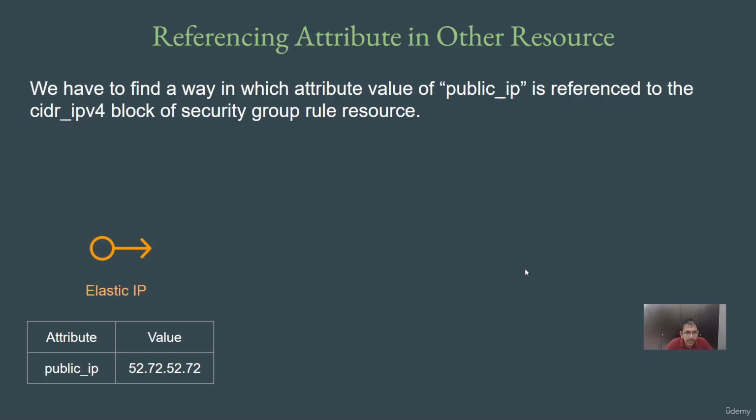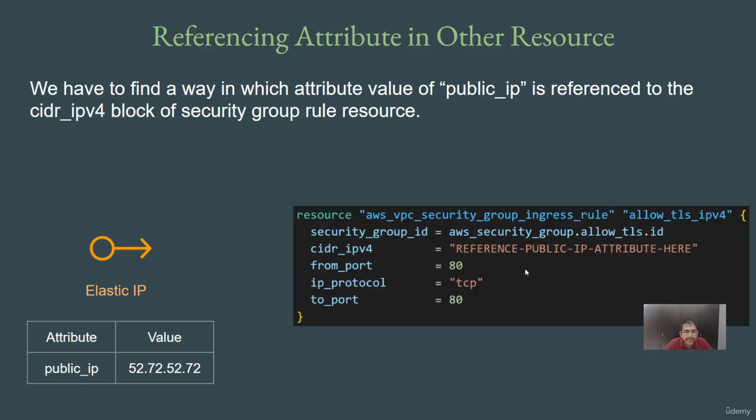From the diagrammatic perspective, it would look something like this: after the elastic IP resource is created and the attribute is added as part of the state file, the security group resource under the CIDR IPv4 argument should automatically take this value and add it over here. And this is what we are planning to understand in today's video.